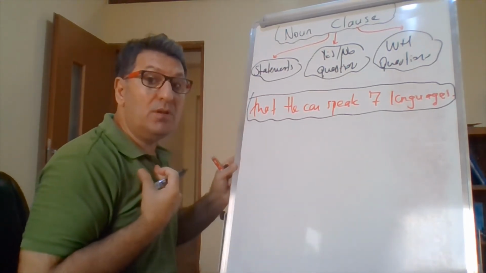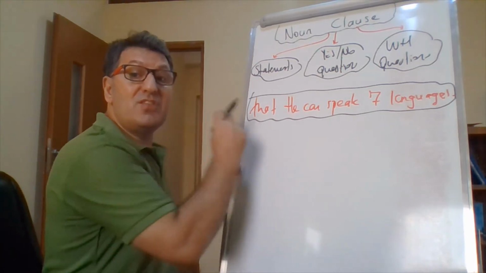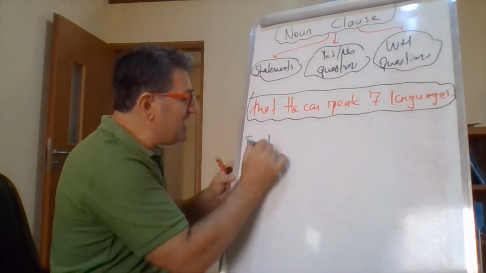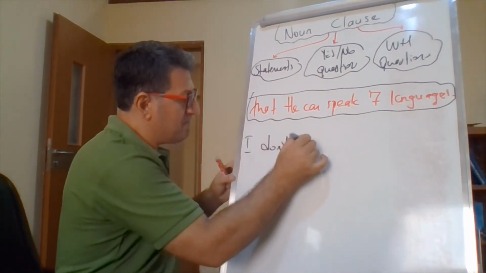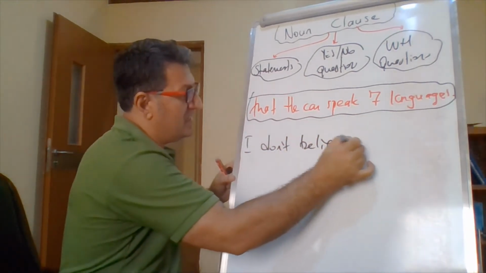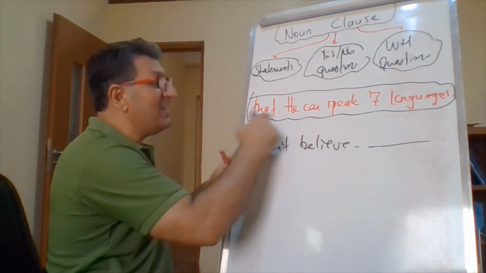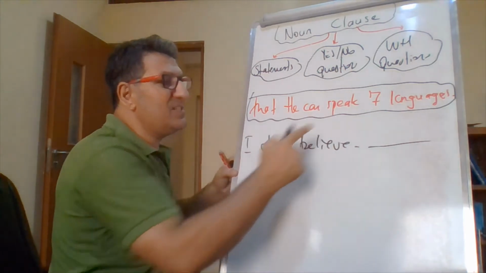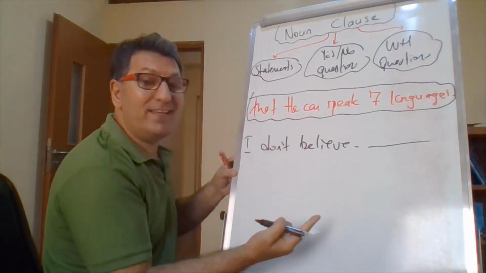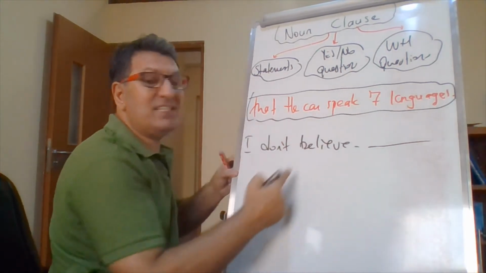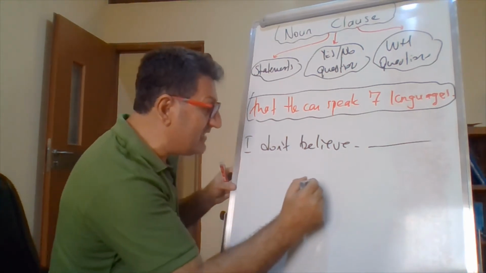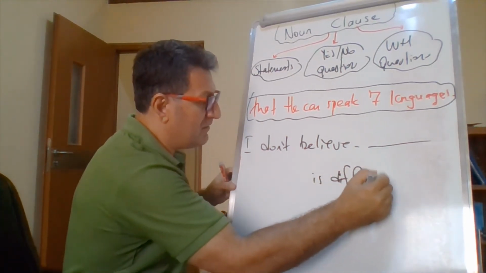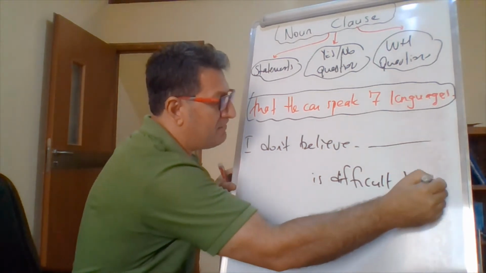For example, I don't believe that he can speak 7 languages. Or you may say that he can speak 7 languages is difficult to believe.